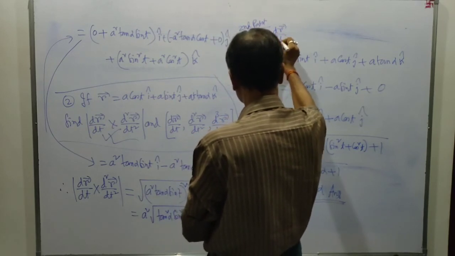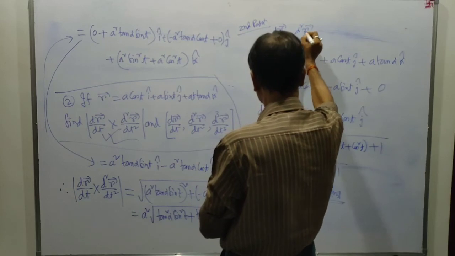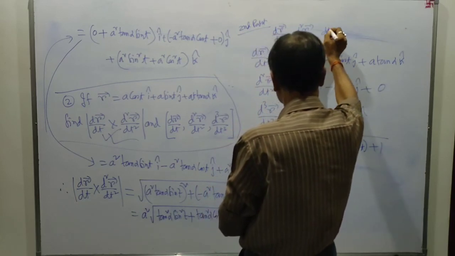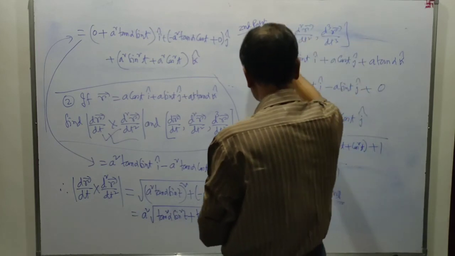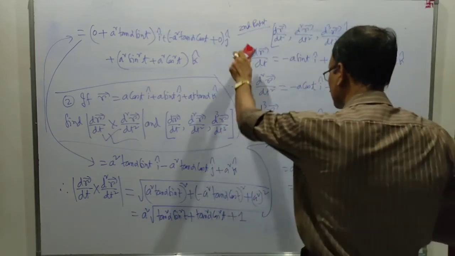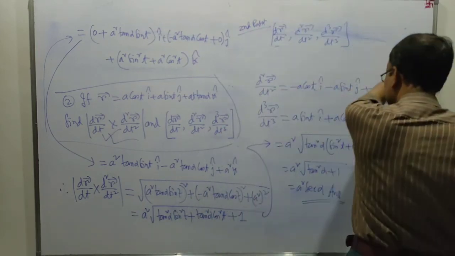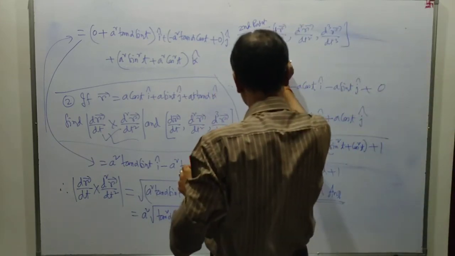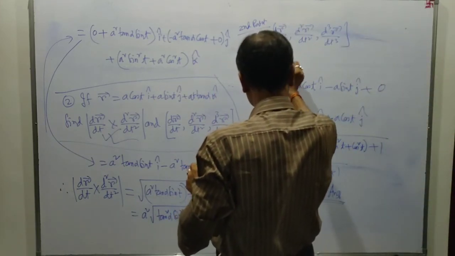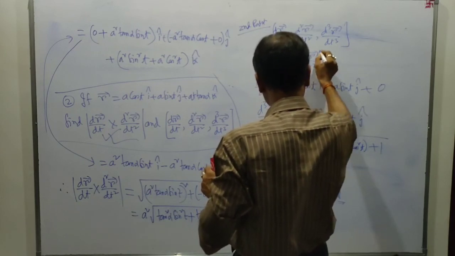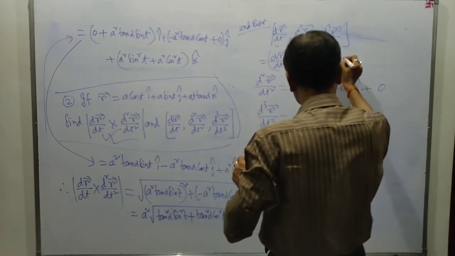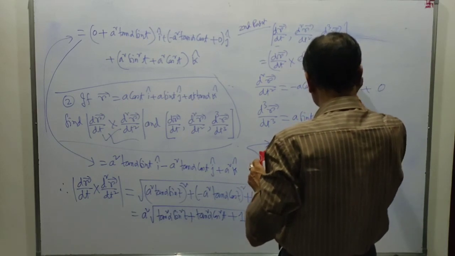The scalar triple product of d r bar by dt, d2 r bar by dt square, d cube r bar by dt cube is equal to d r bar by dt cross d2 r bar by dt square dot d cube r bar by dt cube.